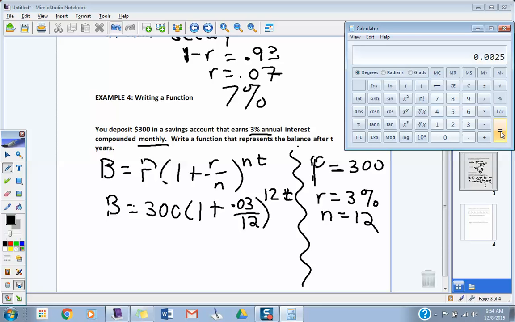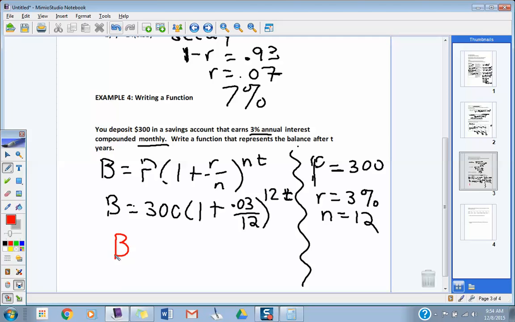Now we're going to add that to what value right here? 1. So the way I'm going to write this here, guys, is the following. My new balance that I have, B, that's going to equal the $300 we started with times 1.0025 to the 12t, like so.